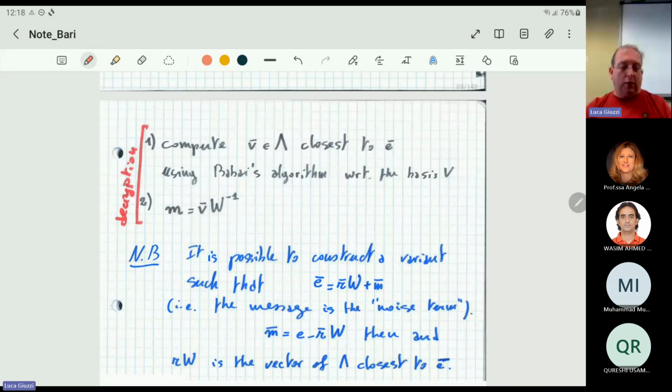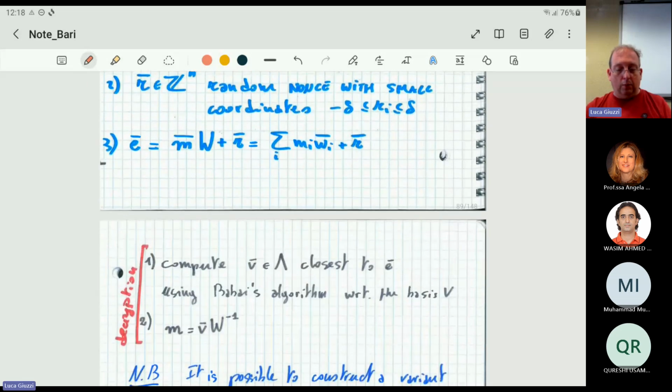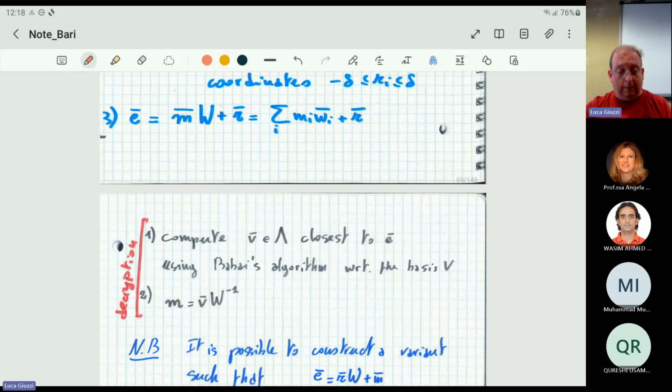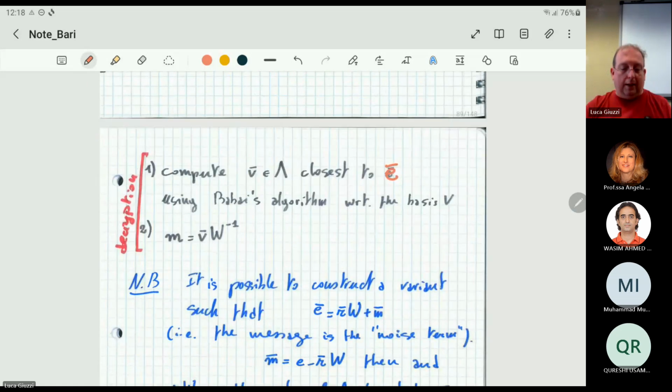And then in order to decrypt, we just try to recover the closest vector to what we have received, which is c, it's not e, it's c. And then we recover the message.